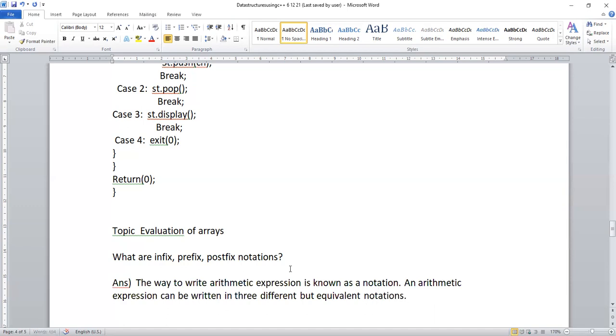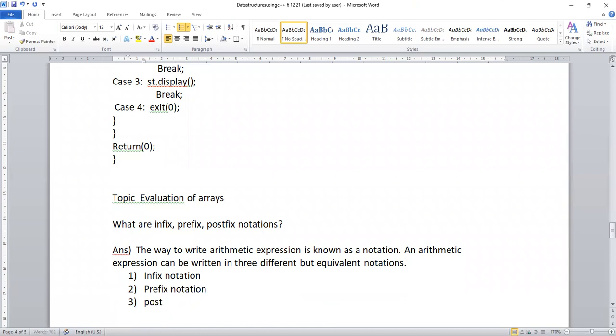Okay. So first one, infix notation. Second one, prefix notation. Third one, postfix notation. So first one, infix notation. What is infix notation?